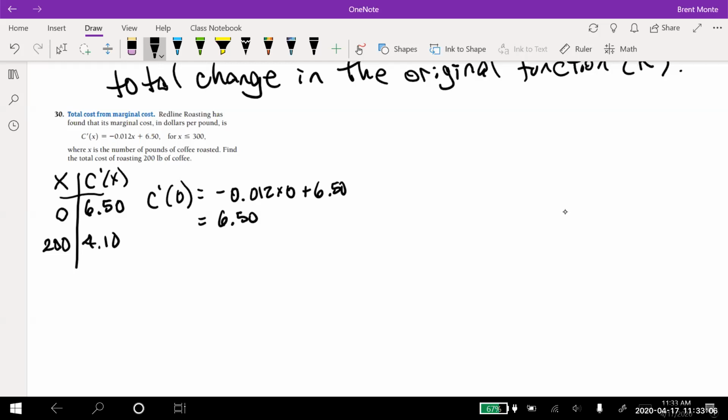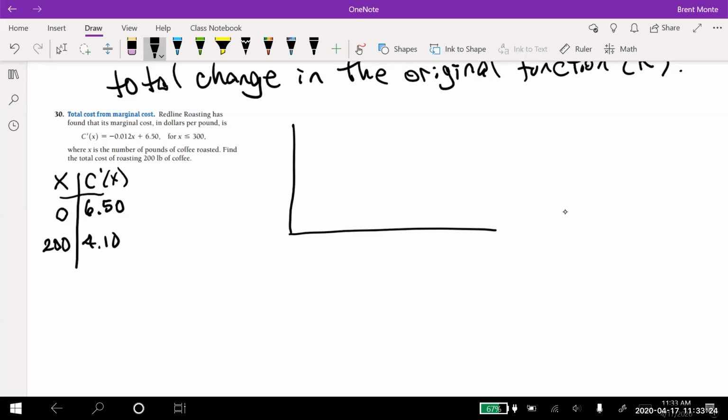Now I'm going to plot these points on the curve, and then we need to find the area under the curve. Let me erase this to get it out of the way. Here's going to be our picture. The units aren't really that critical.